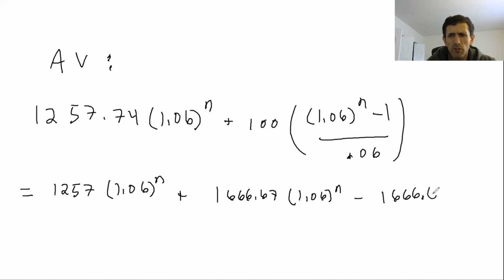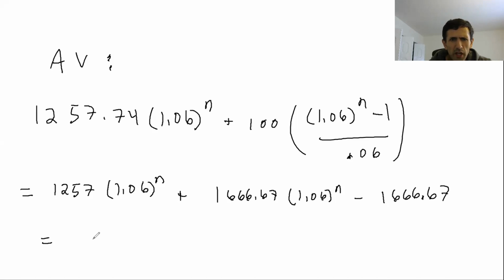Okay, so we're trying to figure out when it has at least 2,000. Let me simplify this a little bit more. Add these two up.